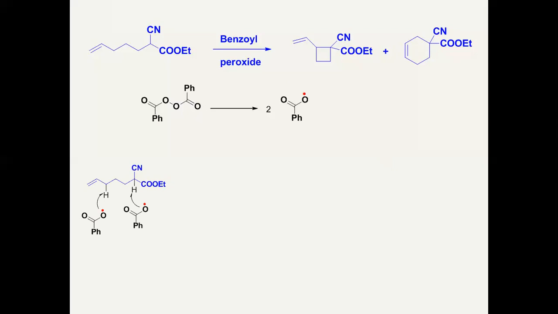Two benzoyl radicals will extract these two protons simultaneously and generate a very stable biradical, or diradical species, that's given before you. This diradical species then undergoes bond formation and you will get this product, cyclobutane.